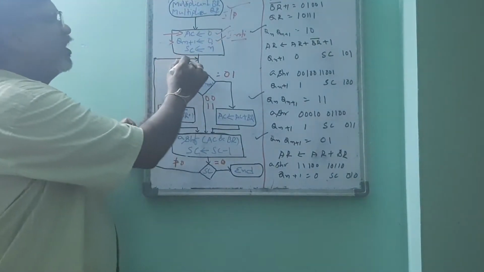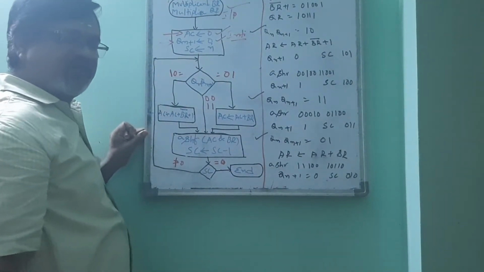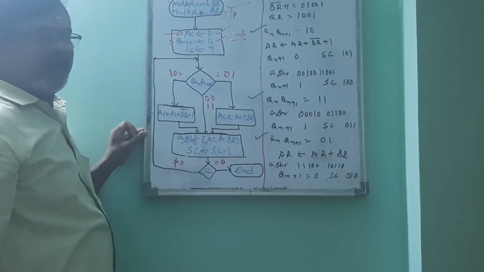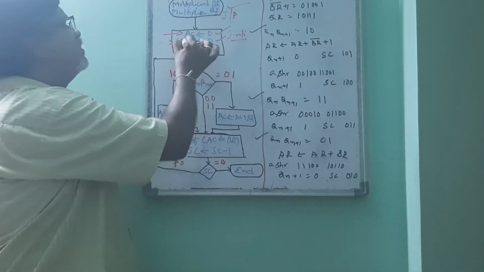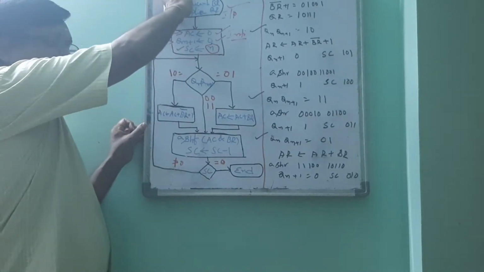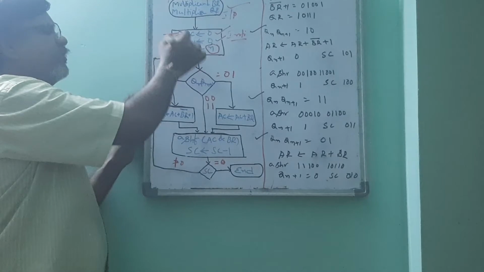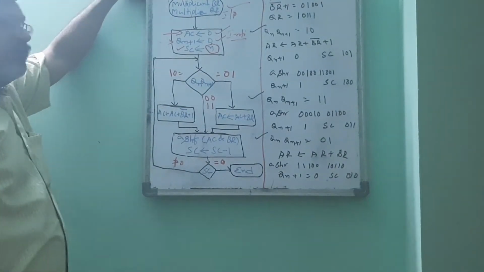And the sequence counter: how many bits are there in the multiplier or multiplicand? That n value is stored in the sequence counter. So this is the process of initialization. These are the two input values. Now from here onwards, the actual process of our multiplication starts.